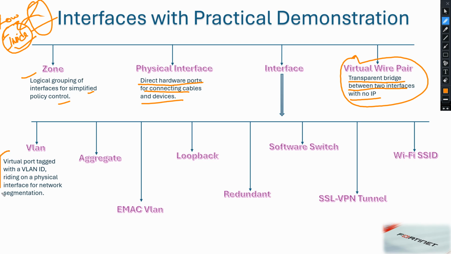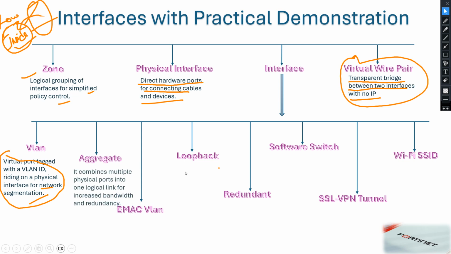VLAN is a virtual port tagged with a VLAN ID, riding on a physical interface for network segmentation. Next is aggregated. As the name suggests, it combines multiple physical ports into one logical link for increasing bandwidth and reducing latency or adding redundancy.